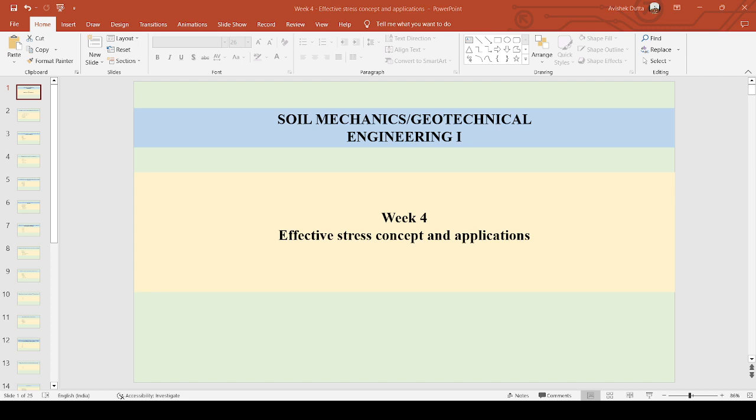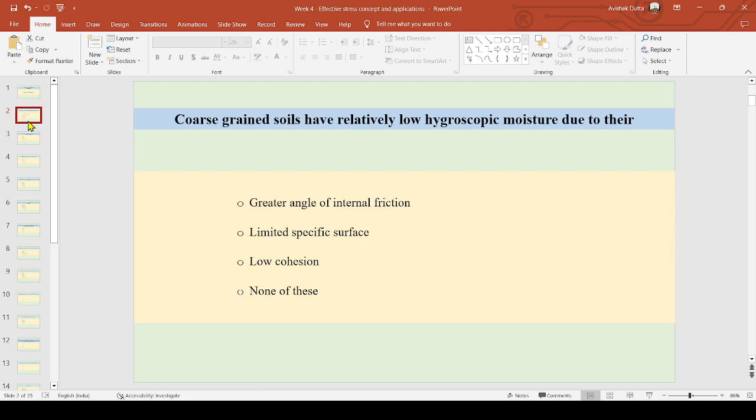Okay, so the first question of this live session was: coarse grained soils have relatively low hygroscopic moisture due to their... In the case of coarse grained soils, they have a limited specific surface, that is, surface area per unit mass is low, less than the fine grained soils, clay and silt.